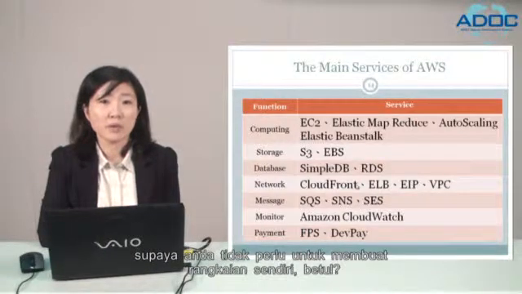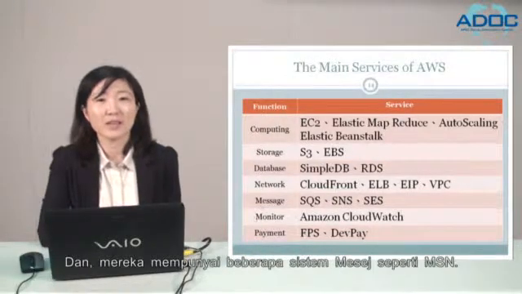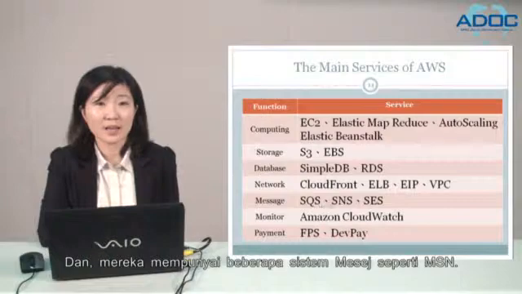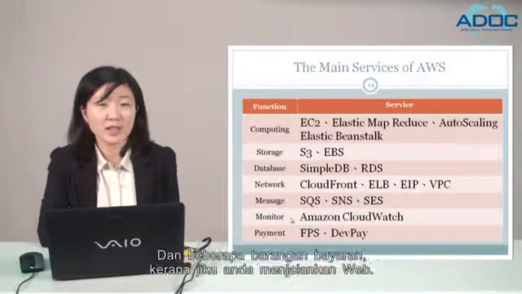So you don't need to set up the network by yourself, right? You don't need IT. Amazon does everything for you. And they have some message system like MSN, monitoring for your network security, and some payment stuff.